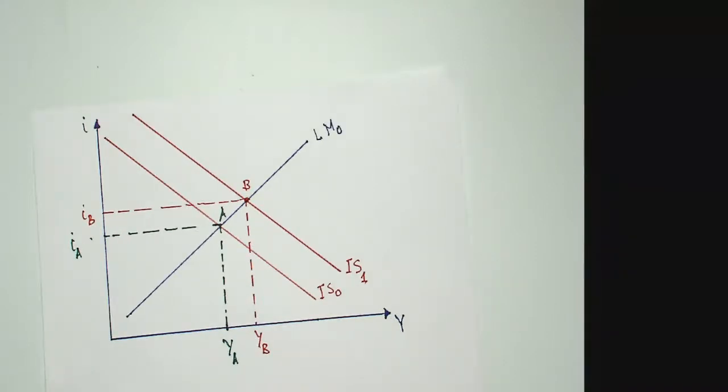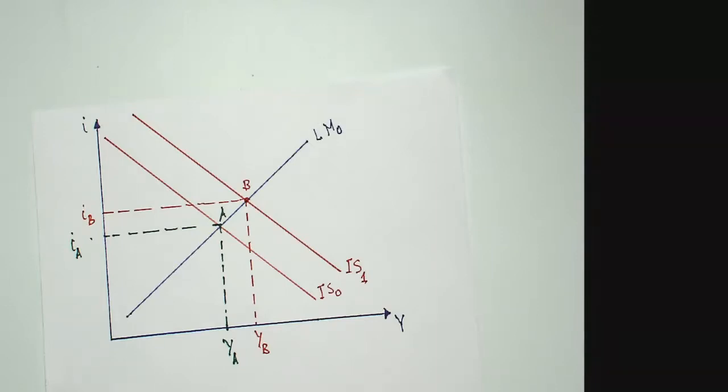An increase in income raises also the money demand, because an increase in income indicates that there is an increase in aggregate demand, and our money demand is part of our aggregate demand. So if aggregate demand increases, there is also an increase in money demand. Because of the increase in money demand, an interest rate would also increase.